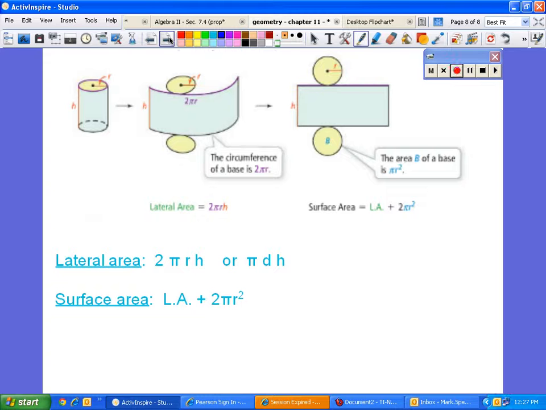So if you understood lateral and surface area of a prism, then this will not be any more difficult. If you struggled with lateral area of a prism, then you're going to continue to struggle with this because it's very much the same. So this is why it's important that you spend time to make sure you understand what we do in class.